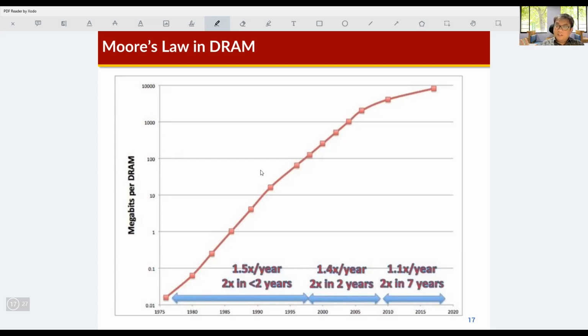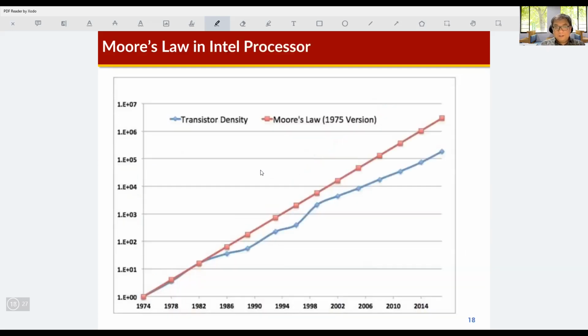Moore's law is also saturating in DRAM, that means the memory technology. And for the processor, Moore's law is slowing down. As you can see, this is the trend of Moore's law, but the real trend of the Intel processor is lower than the trend of Moore's law.